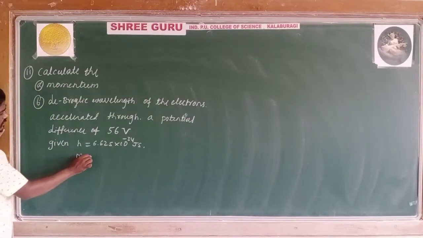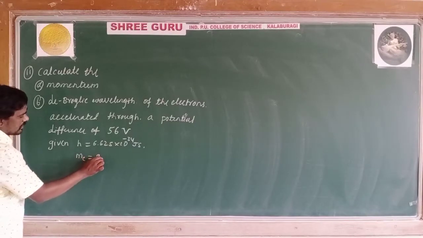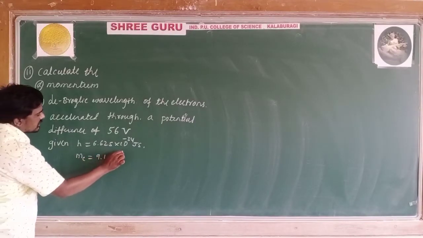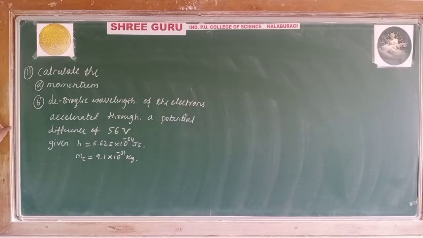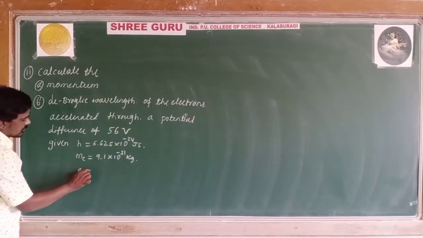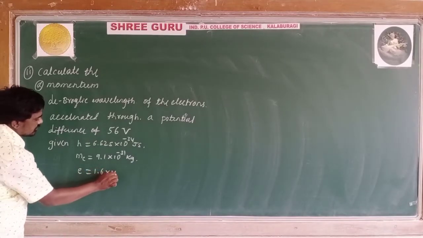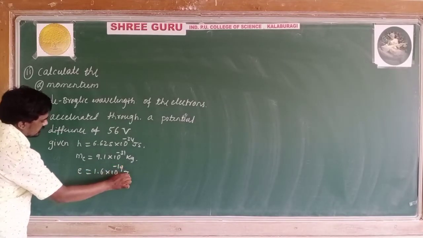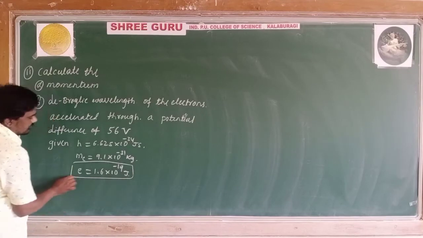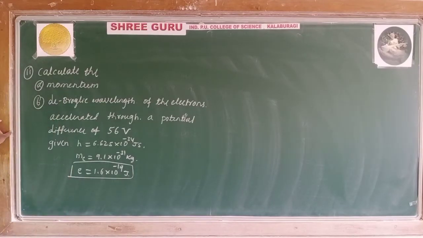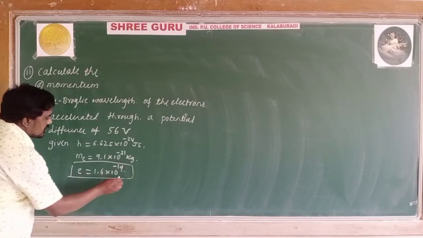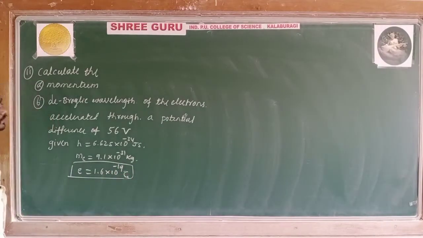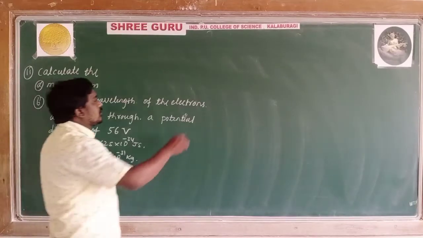Mass of electron normally we use 9.1 into 10 raised to minus 31 kg, and electron charge is equal to 1.6 into 10 raised to minus 19. They did not mention electron volt, they mention the charge in terms of coulomb. Okay, this is the question.